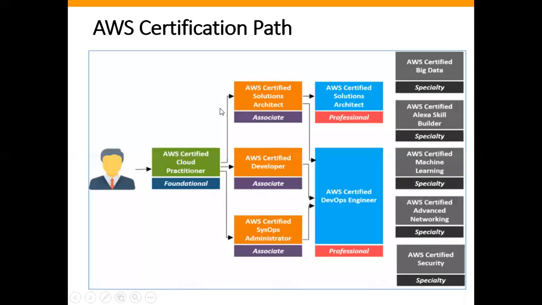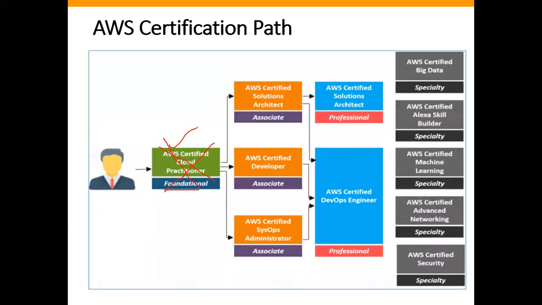This is the roadmap of certification. You are able to see the first certification called Fundamentals. This is optional. It's completely a waste of money. But if your company is paying for it, then you can go for that. Otherwise, if you want to spend your own money, it's completely a waste.